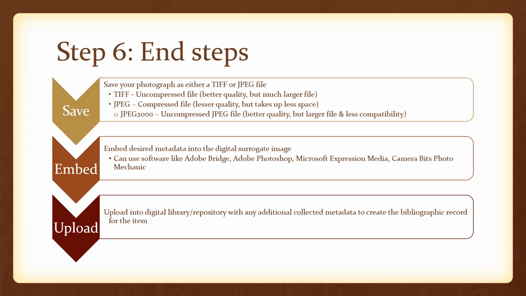Also, if you have the space to save your files as TIFF files, we recommend it as it retains much more of the quality and integrity of the photo. But again, for smaller or public libraries, JPEG is often an adequate file format. You won't lose too much usually unless you're compressing it a lot.